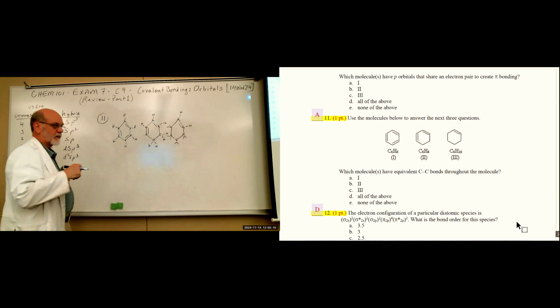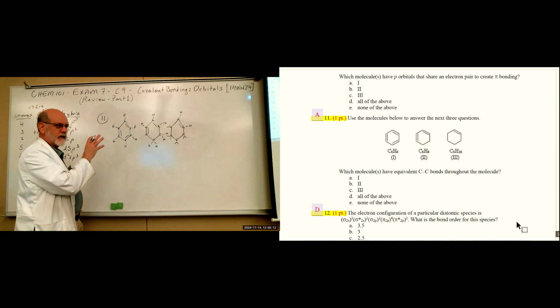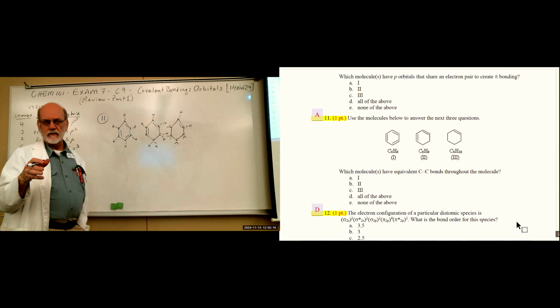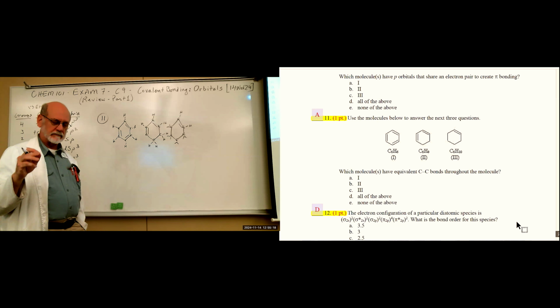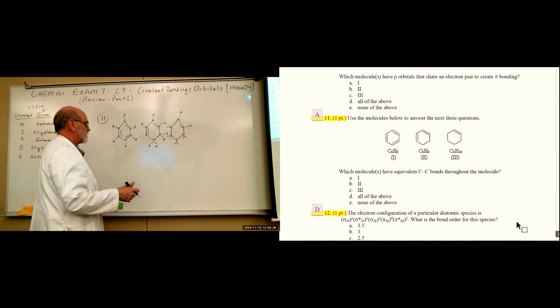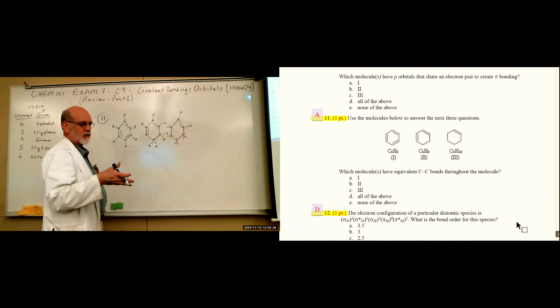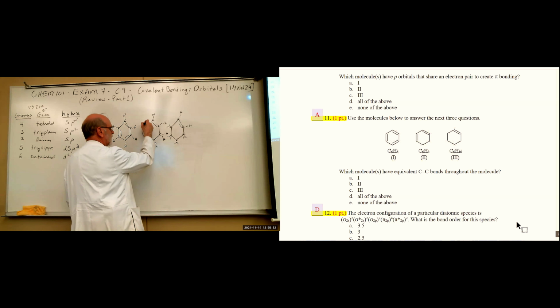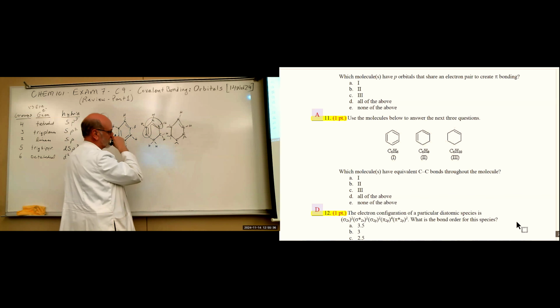So this goes back to the very last part of the chapter discussion, where we talked about delocalized electrons. When you have alternating double and single bonds, you have the opportunity to delocalize electrons over all of those.